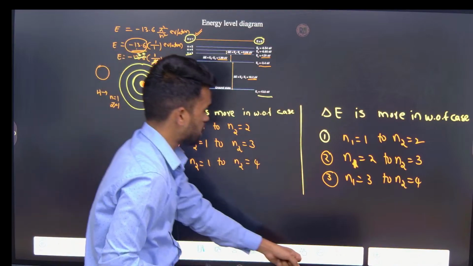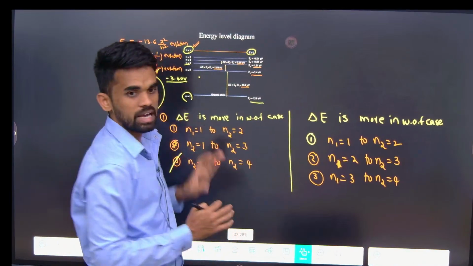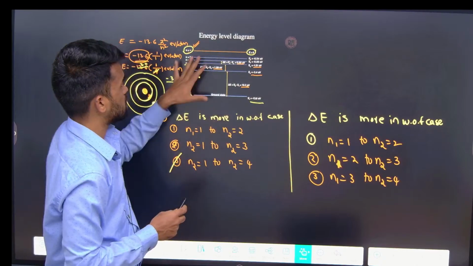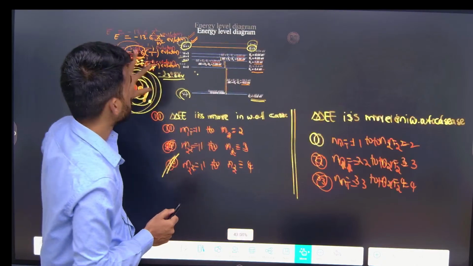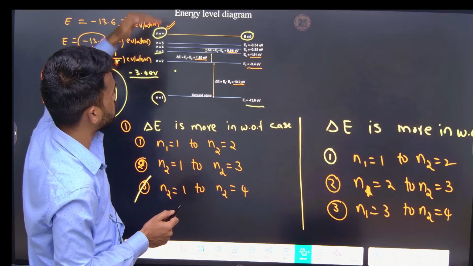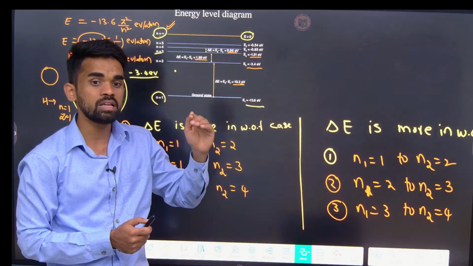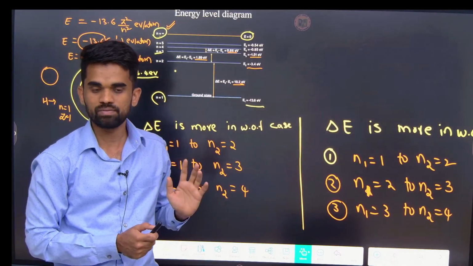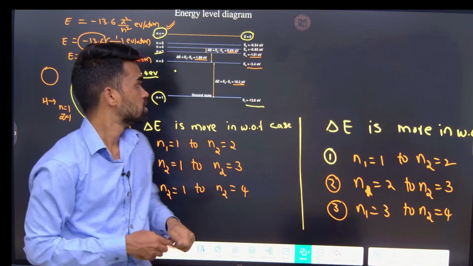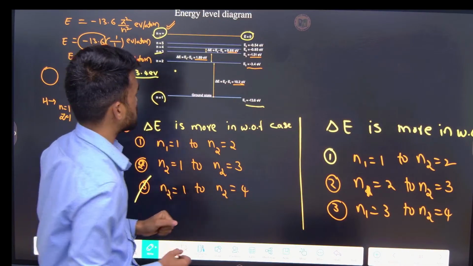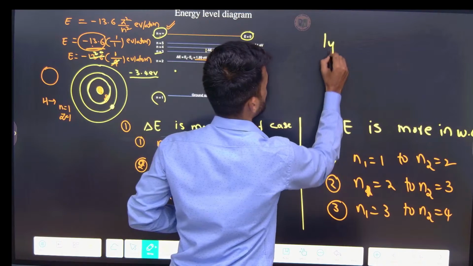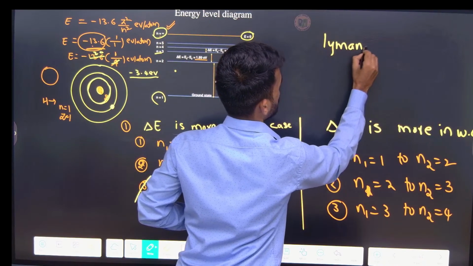Right. So next, something called spectral lines are there. I hope you know. For example, in the hydrogen atom, if we consider any higher energy state to ground state, that line falls into the Lyman series. So now what are the lines possible for the Lyman series?